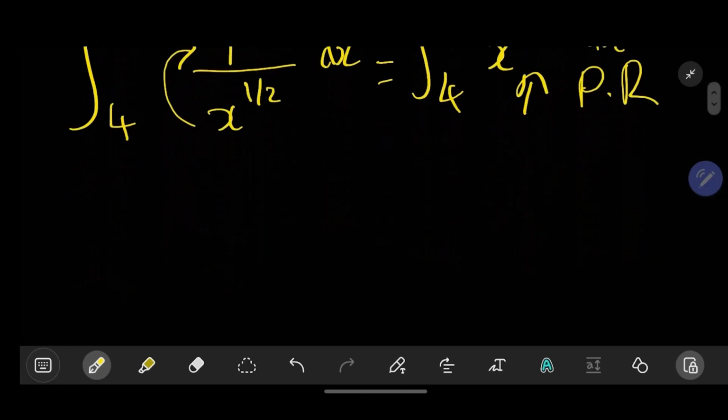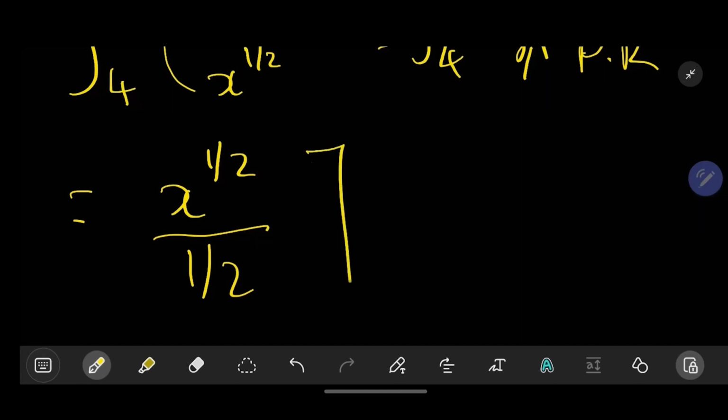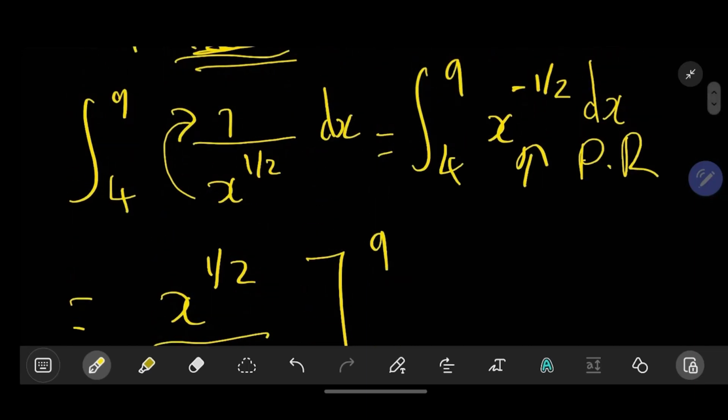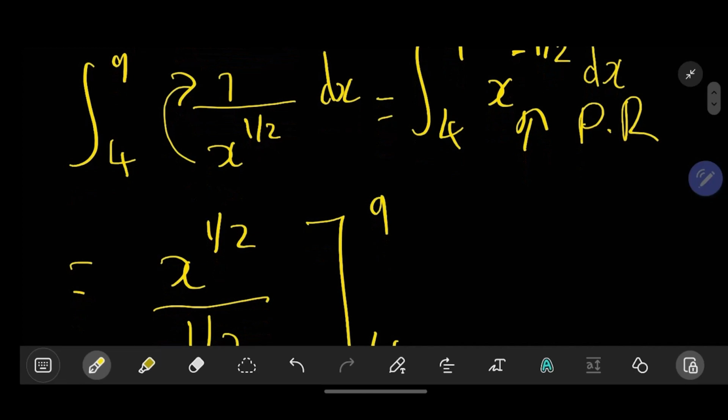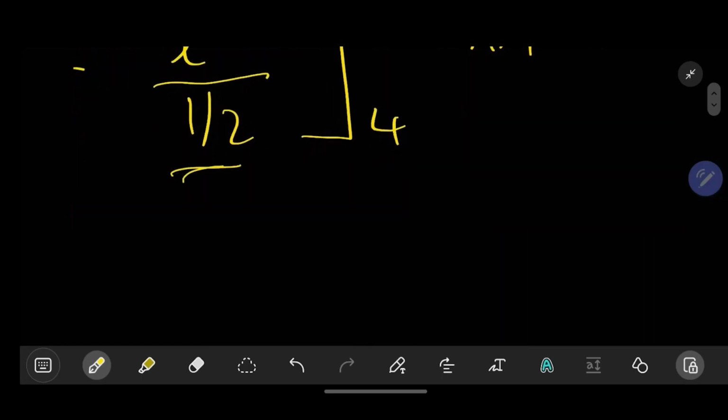So this is equal to x to the half all over a half, from 4 to 9. Remember it's x to the n plus 1 all over n plus 1. So minus a half plus 1 all over minus a half plus 1 gives us a positive half. That's how we get this.